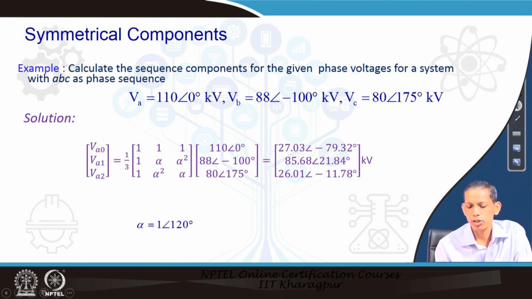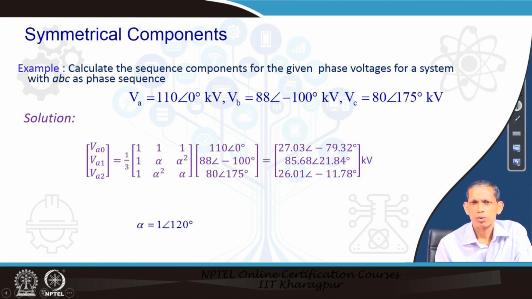You see here this is not a balanced situation, neither are the magnitudes the same nor is the angle maintained at 120 degrees to each other. So, for these unbalanced phase voltages we would like to find the corresponding sequence components.